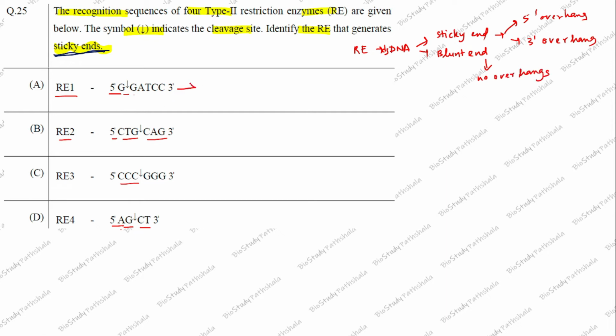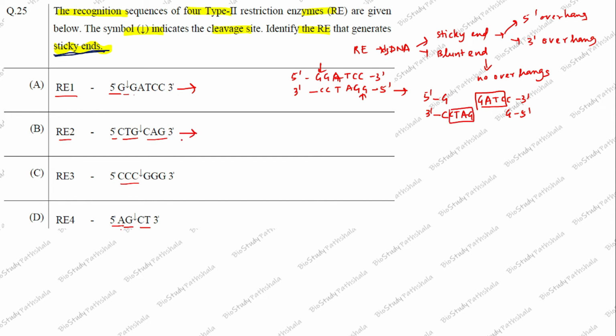Or say, if we consider the first option, that is 5' GGATCC 3', this strand will be complementary of this, so CCTAGG 5'. So this is the cut site. So after the treatment of RE1, it will be showing 5' G and GATCC 3', C CTAG G 5'. So an overhang is generated here, that is GATC, and here again CTAG.